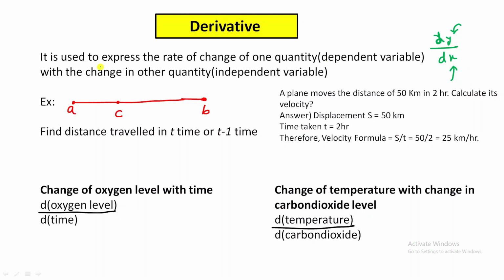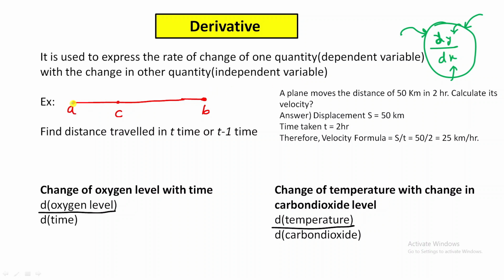This notation, dy upon dx, is called a derivative. Derivative means the rate of change of y with respect to x. When x changes, how is y changing? To express this, we use this notation.